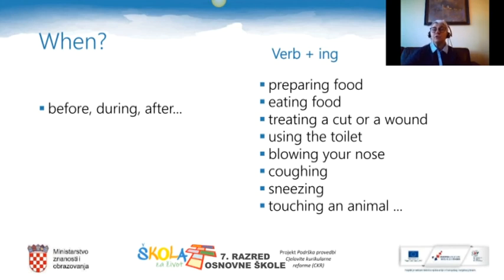How do we do it? Pay attention. You just add ing. But if the verb ends in e, like prepare, there's an e. You omit it. You don't need it when you add ing.